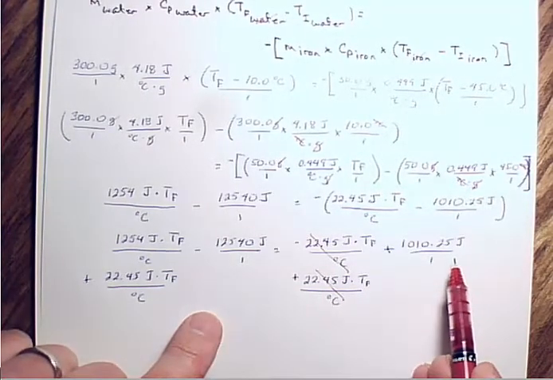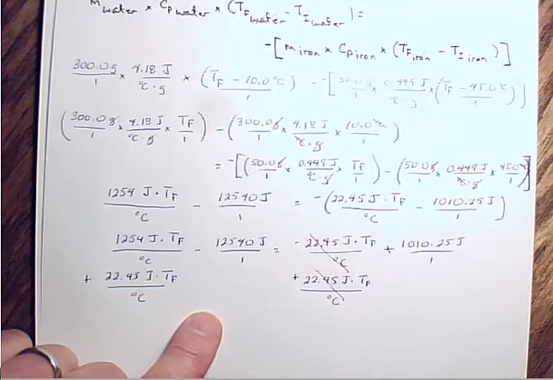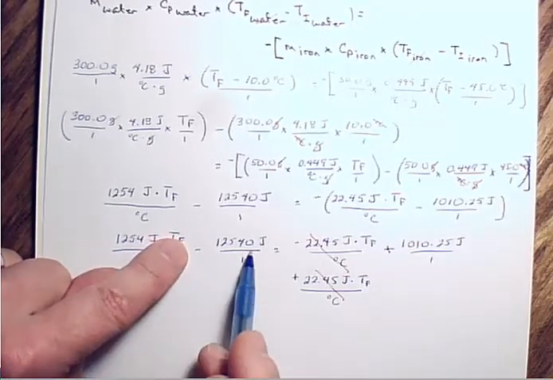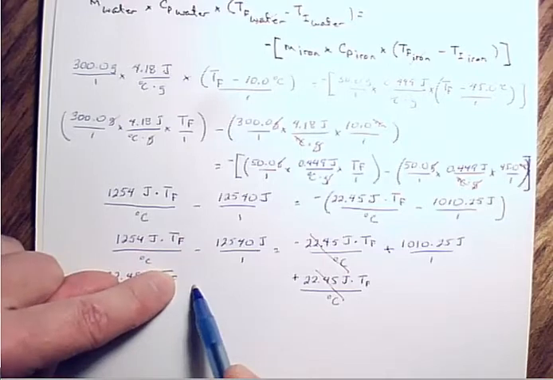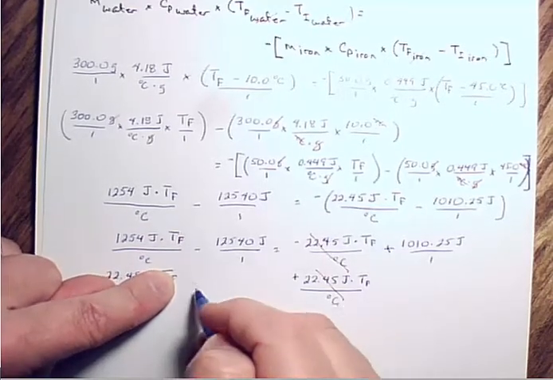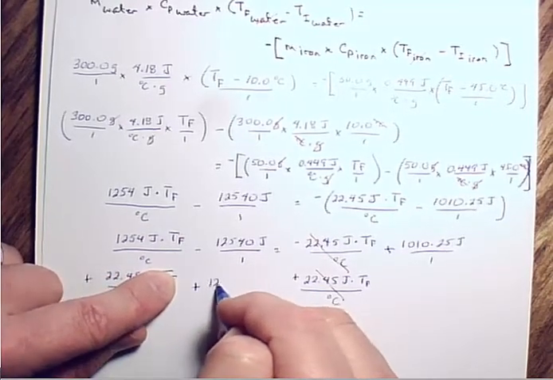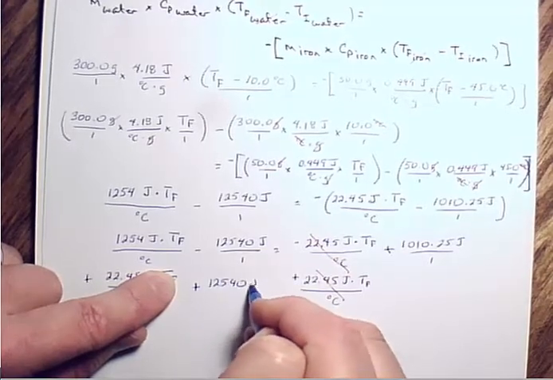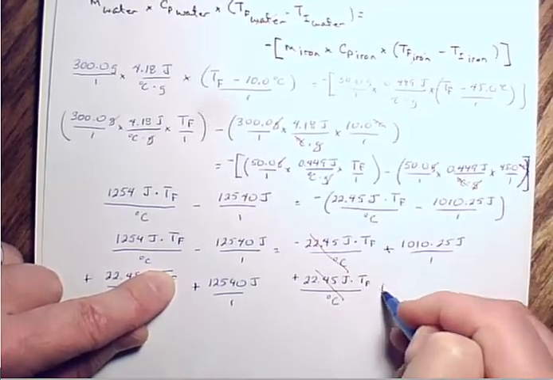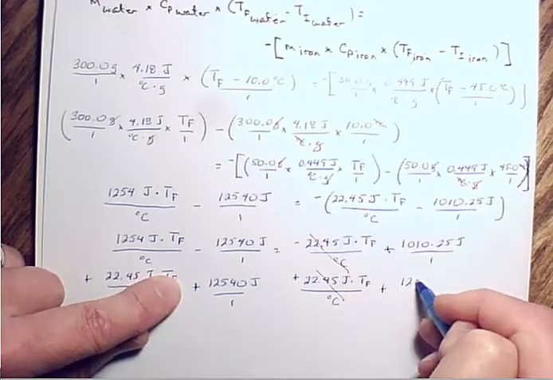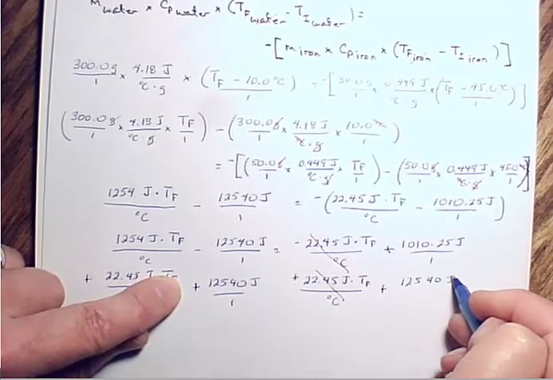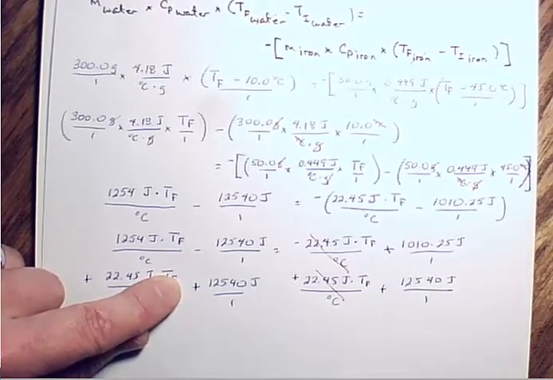I want to move this term over to this side. So to do that, since this is a negative, we're subtracting that one, I'm going to add it down here. So plus 12540 joules and plus 12540 joules over here.